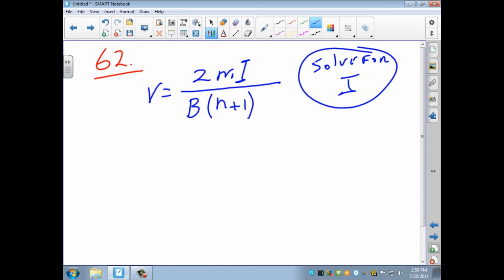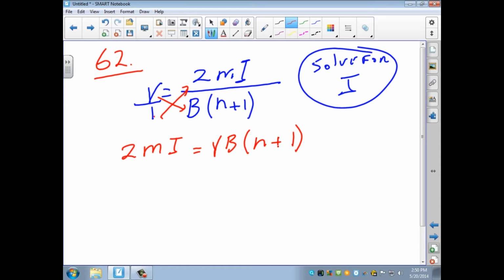So what I'm going to do is give a denominator of 1 here and do a cross multiplication, which means this one multiplied by this one equal this one multiplied by this one. So 1 times that is 2mi equal R times this, which is Rb times (n plus 1).